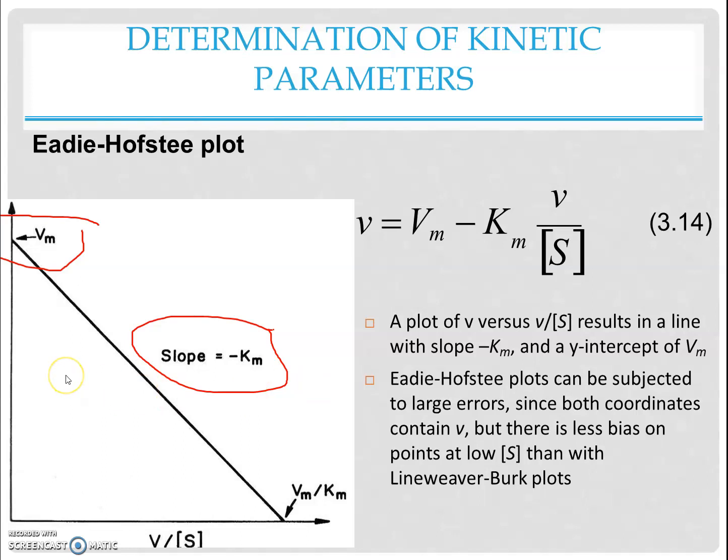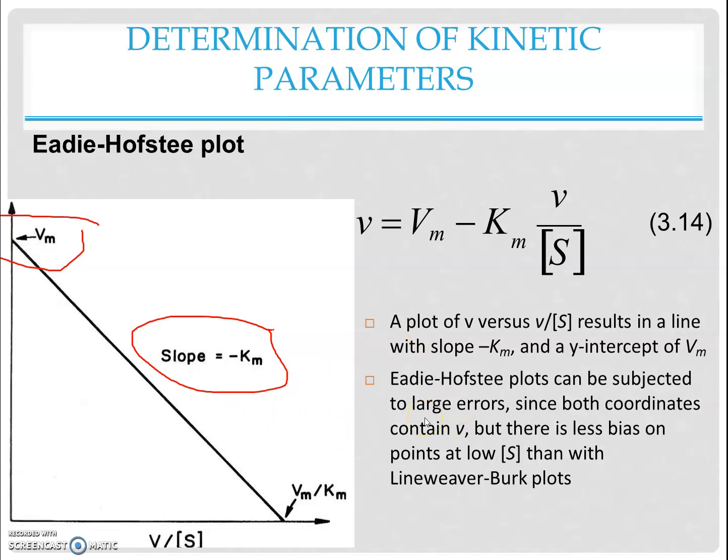This is a negative linear graph, with a negative slope. So the slope will be a negative value, but the Km value, if you write it, will be positive.